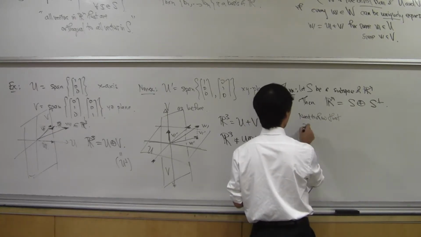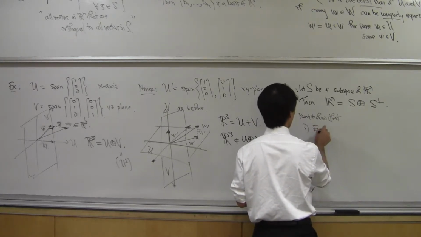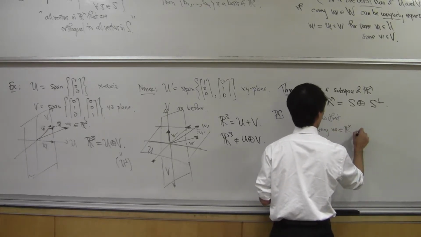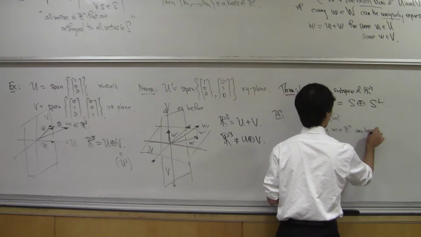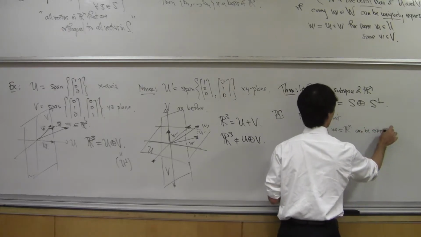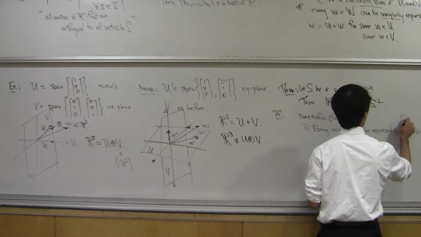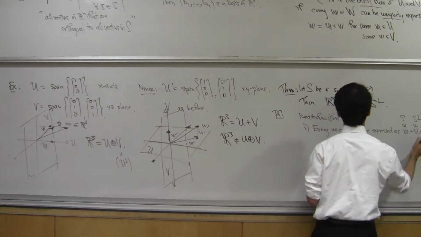One, that every W in Rn can be expressed as U plus V, where U is in S and V is in S perp.